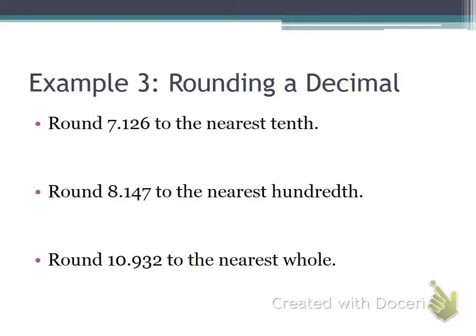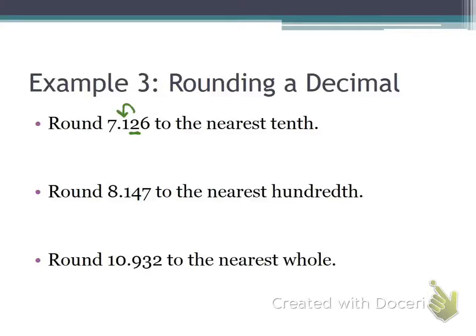In example 3, we're rounding a decimal. So here's where knowing place value is so important. Okay, if I'm rounding to the nearest tenth place, what place value do I look at to know how to round my tenth number? I need to look at the hundredths place, the place that is right after the place value that I'm rounding to.